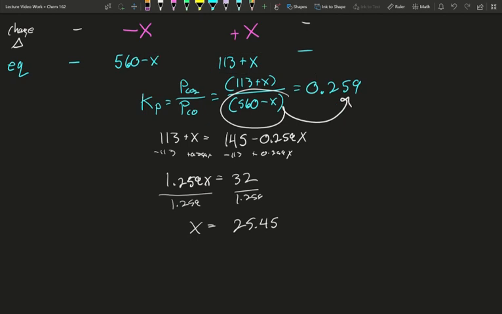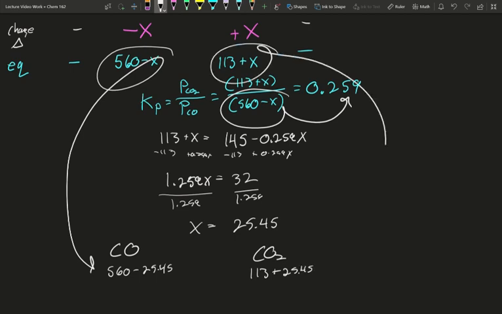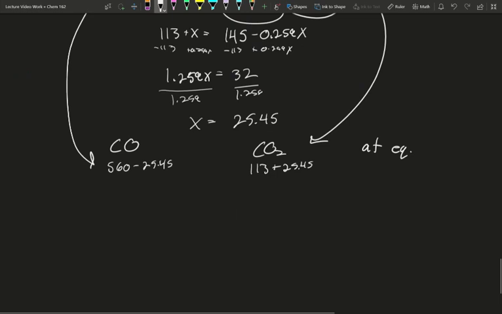X must be 25.45, which means my CO, well, we said it was 560 minus X. So 560 minus 25.45. For my CO2, that'd be 113 plus 25.45. So at equilibrium, what are my actual pressures?